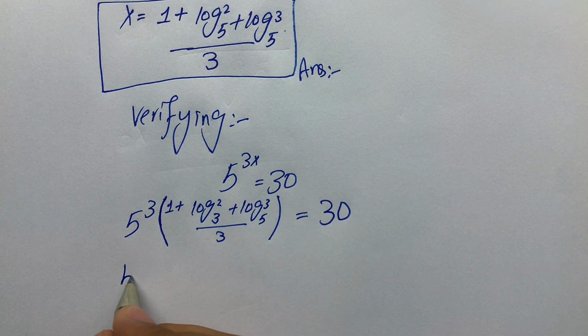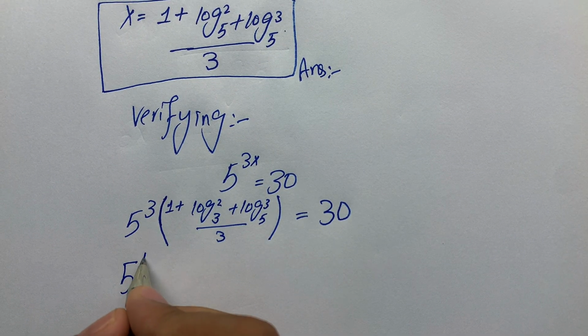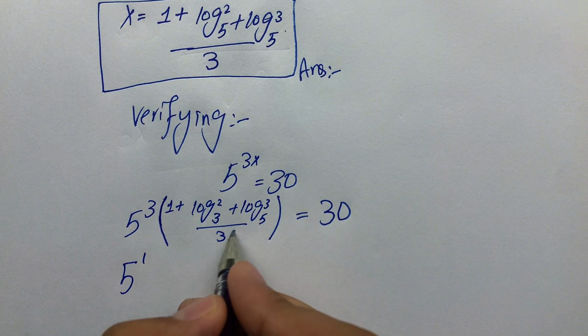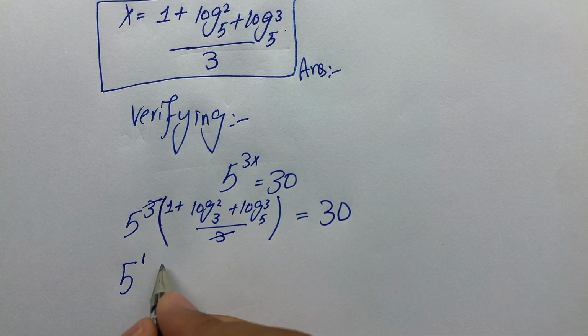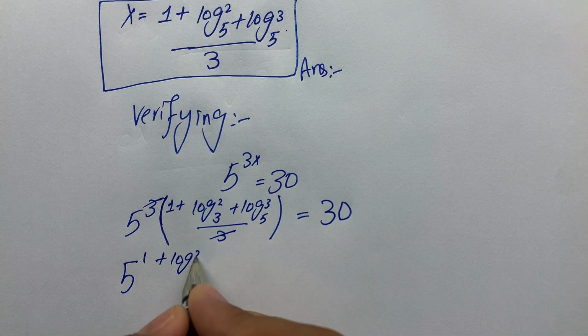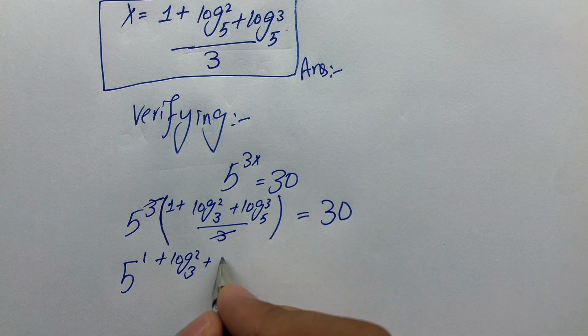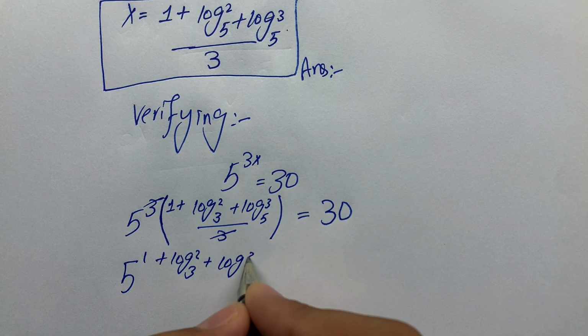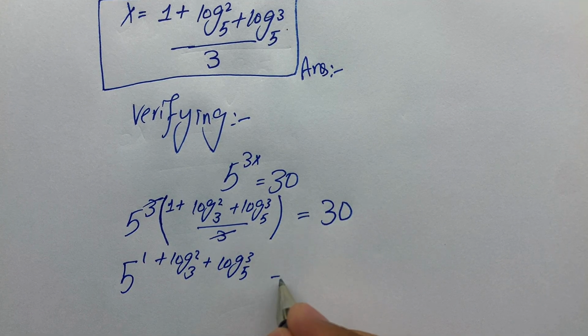Now this 3 cancels with this, remaining 5 to the power of 1 plus log of 2 base 5 plus log of 3 base 5 is equal to 30.